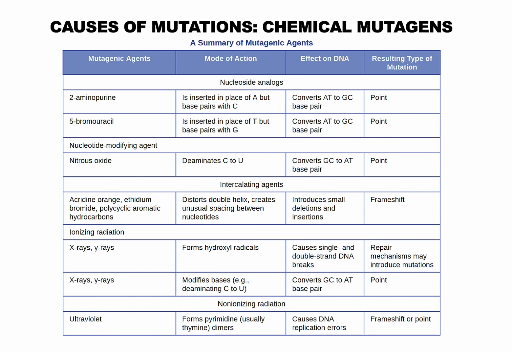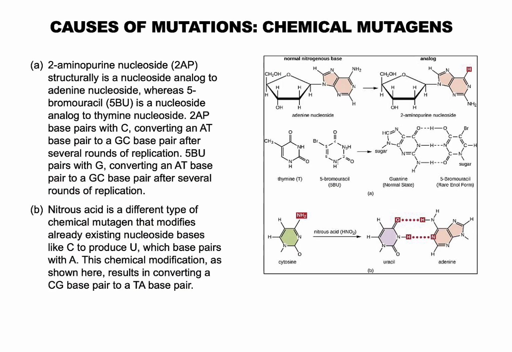Many mutagens are classified as carcinogens, which are agents that can cause cancer. However, it is important to note that while nearly all carcinogens are mutagenic, not all mutagens are necessarily carcinogenic. Various types of chemical mutagens interact directly with DNA by acting as nucleoside analogs or by modifying nucleotide bases.